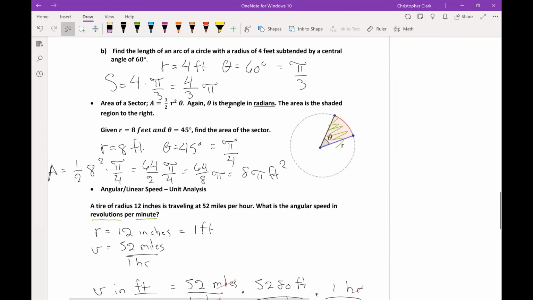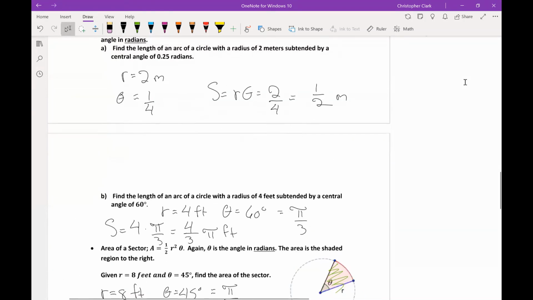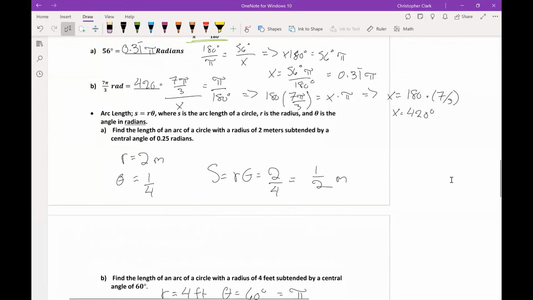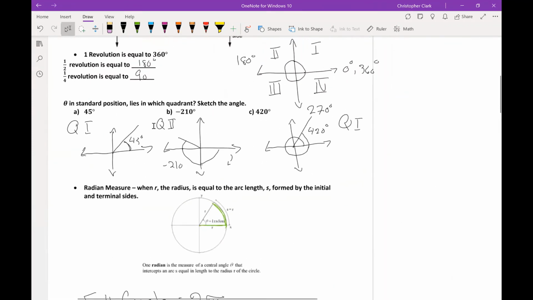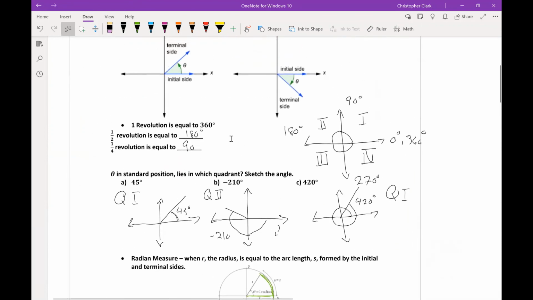And up here, the arc length should be in feet. And we've got meters here, good. We've got degrees, we've got radians, and it looks like we'll go ahead and put another degrees right here just to make sure it's obvious what we're doing. And looks like that's it.